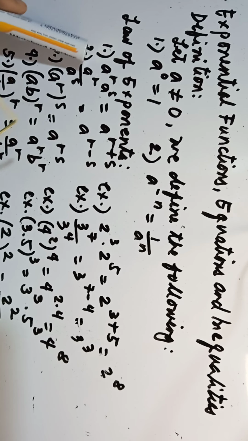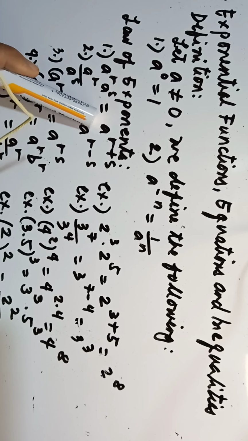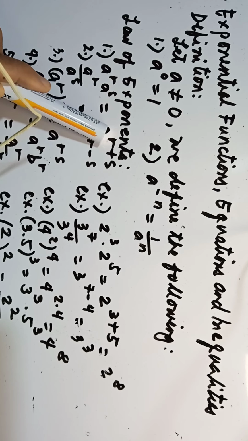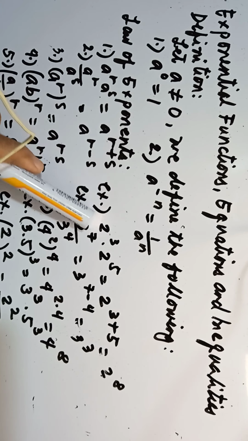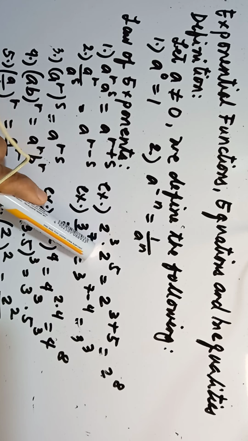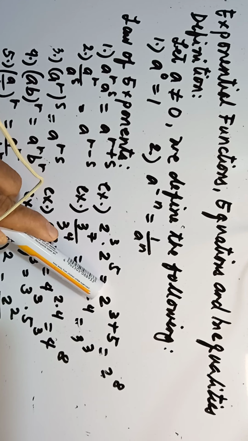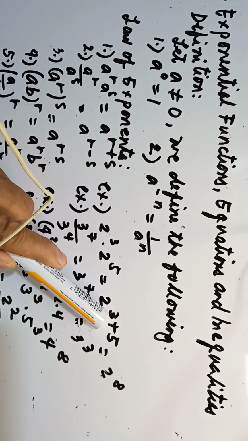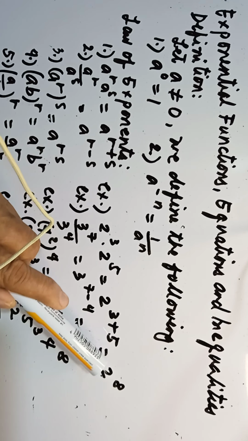Number 1, a raised to r times a raised to s equals a raised to r plus s. Example, 2 raised to 3 times 2 raised to 5 equals 2 raised to 3 plus 5 equals 2 raised to 8.